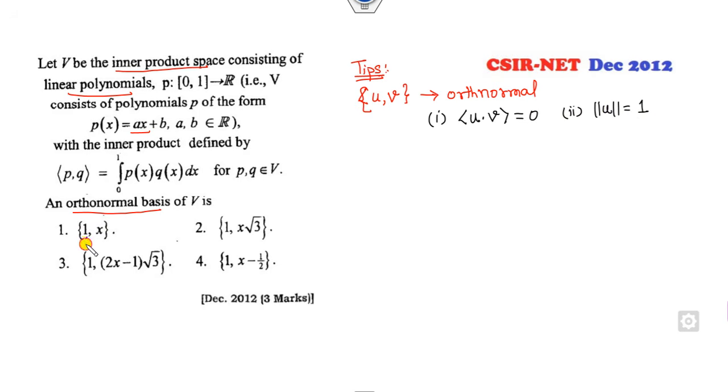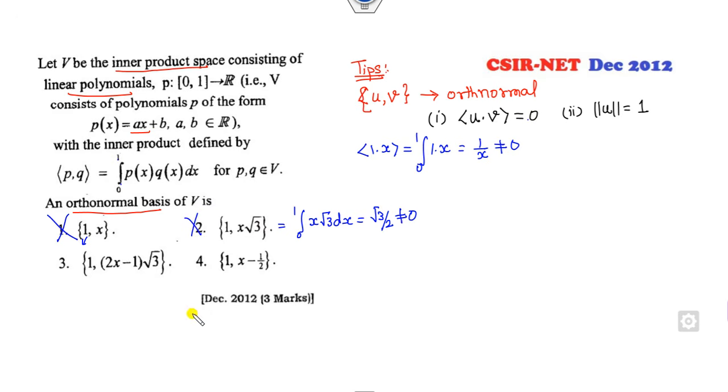The first element's norm is 1. Can you say the dot product, the inner product, of this is 0? You can see 1 to 2 is 1 into x, so the answer is 1 over 2, which is non-zero, so this option is cancelled. Similarly for here, it is 1 to 0, x root 3 of dx, it is root 3 over 2, which is non-zero, so this option is cancelled.